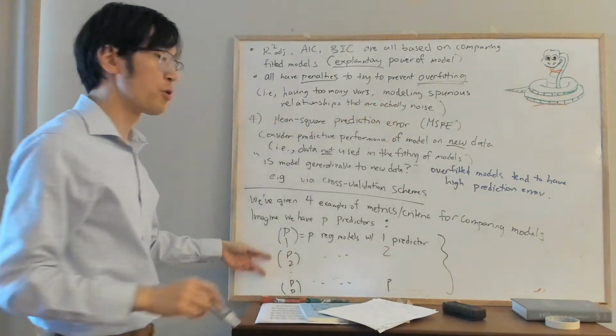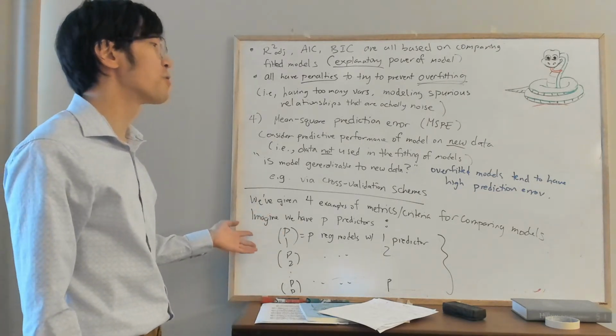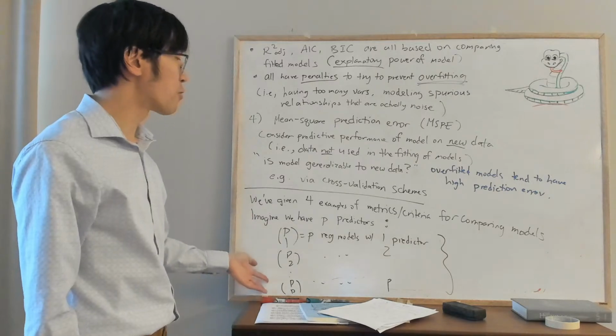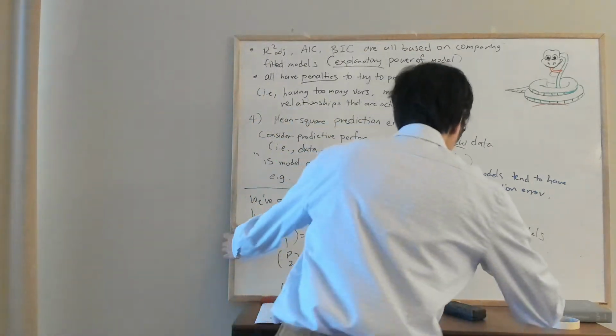So we put all these together. Then what we notice is, how many potential models are there? Well, we'll see that it grows very fast.